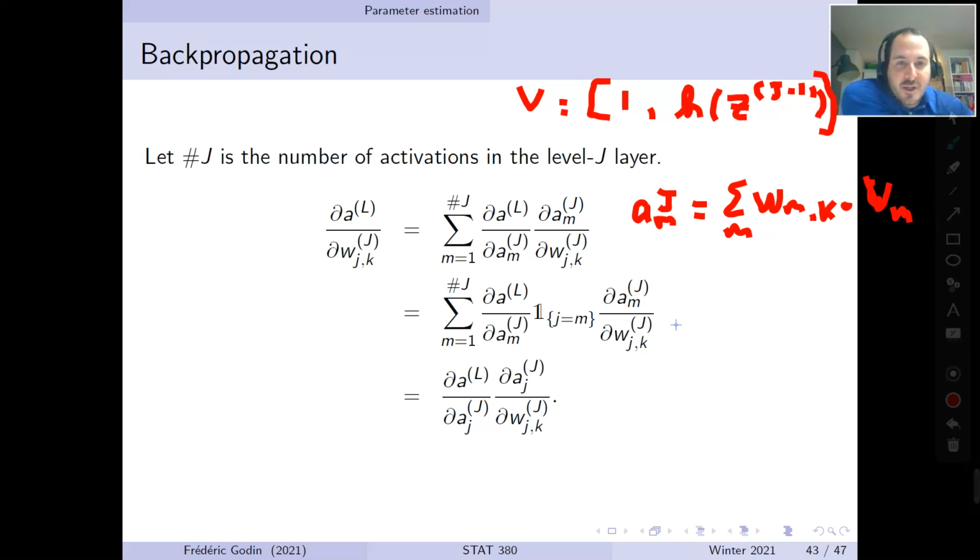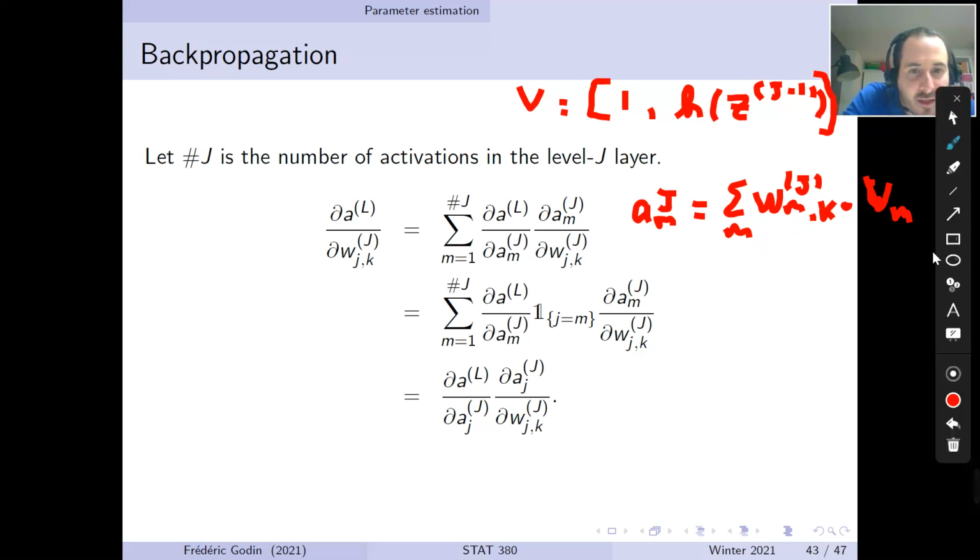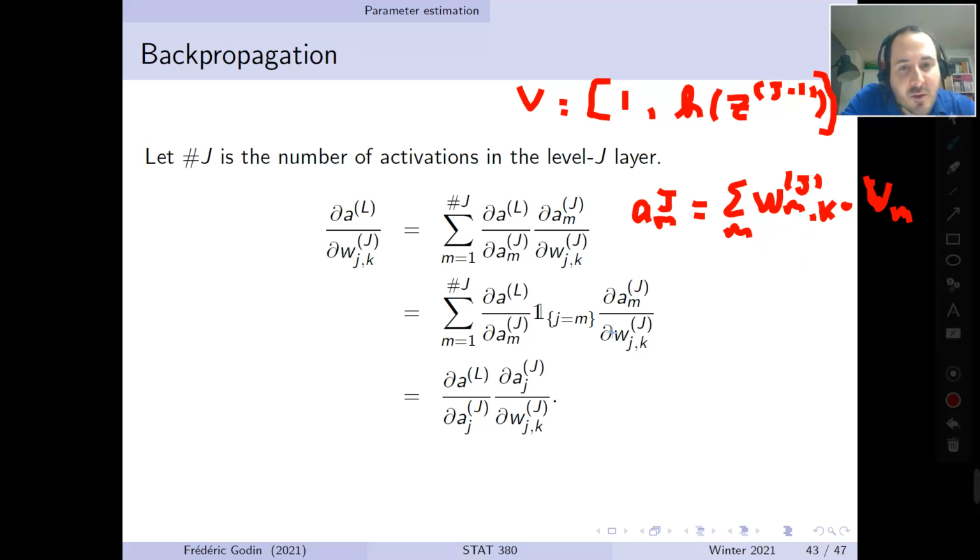If we differentiate a_j with respect to the parameter w_jk, then the only value of m for which the term will not vanish in the expression is the value when j is equal to m.